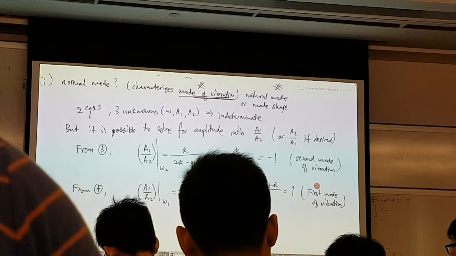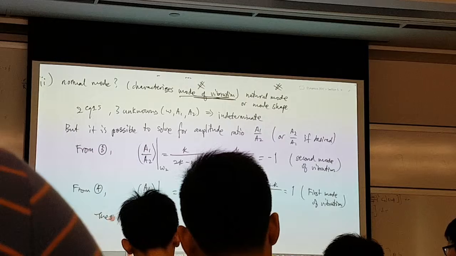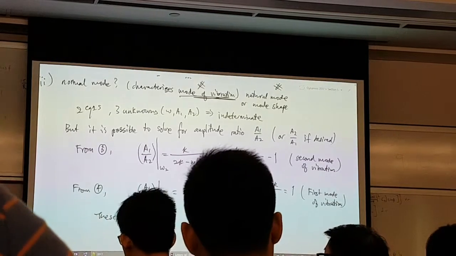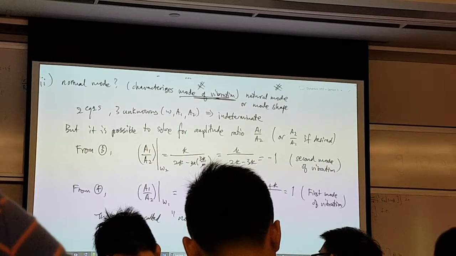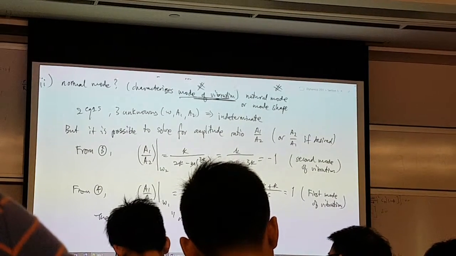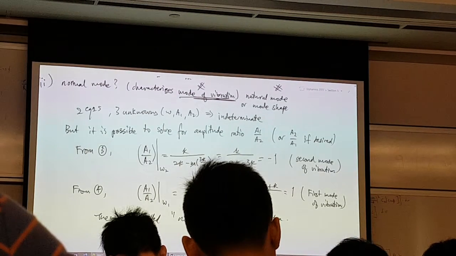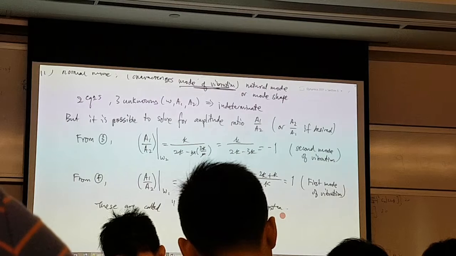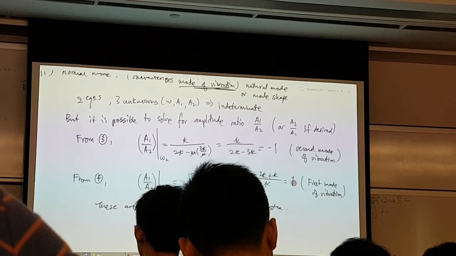What are all these first modes, second modes of vibration? These are called normal modes of the system. So how do we understand that? I'll take one by one. Let's take this one first.